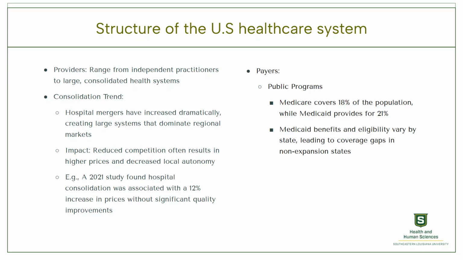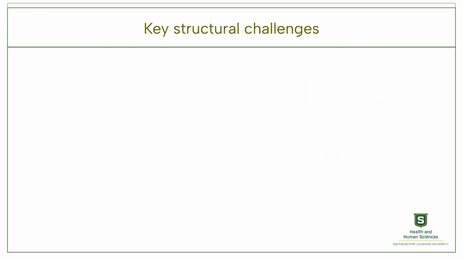But even within the states that expanded Medicaid, the benefits and eligibility are not uniform across borders. Some states have very generous benefits under their expansion programs, and some not so much. It varies a lot, which can lead to coverage gaps, depending on whether you're in a non-expansion state or an expansion state.